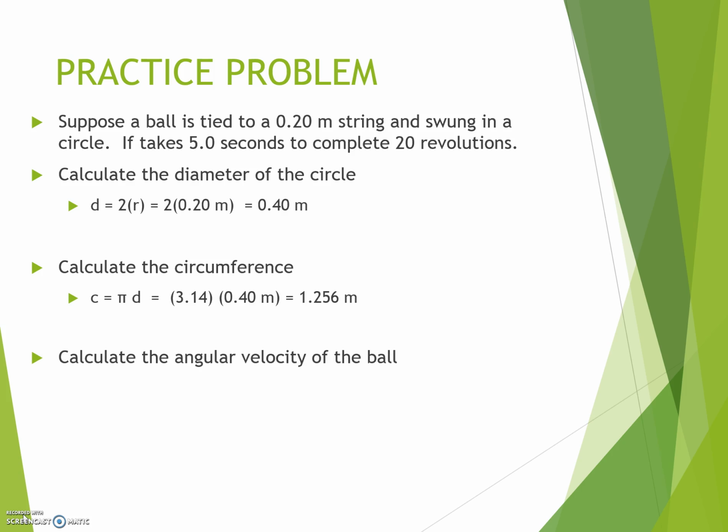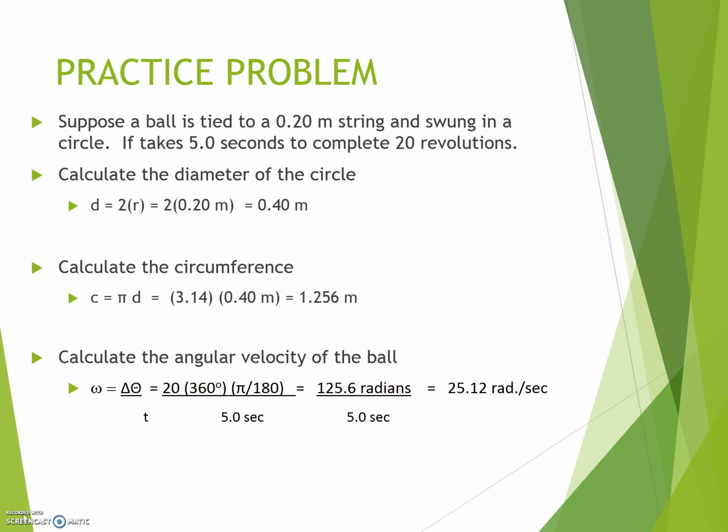We can also calculate the angular velocity, and remember we want that in terms of radians per second, so we're going to need to take that 20 revolutions and convert it to radians and then divide it by our time. So angular velocity equals the change in our angle divided by time. So if we have 20 revolutions, we would take 20 times 360 degrees, because that's the degrees for one circle.